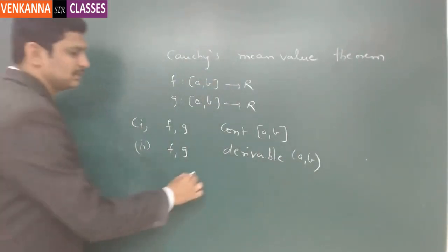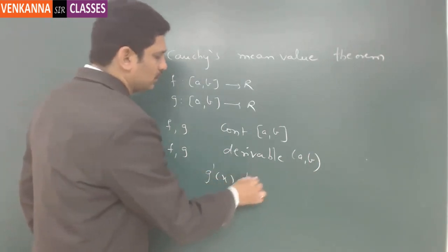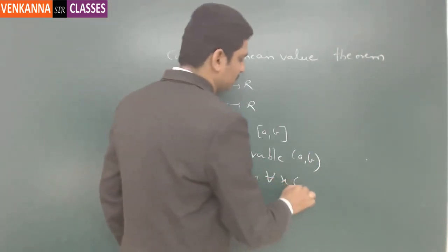Another part is derivative of g is not equal to 0 for all x belongs to AB.